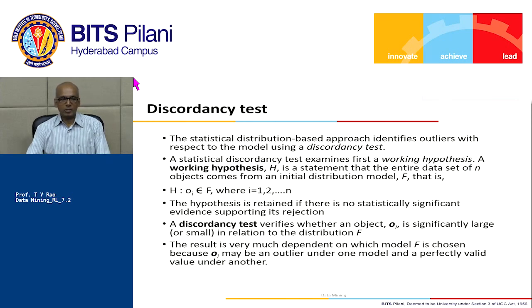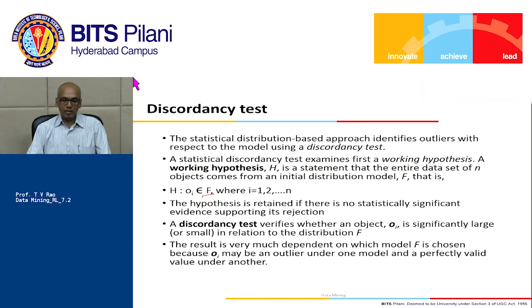What the discordancy test first requires is a working hypothesis, such that object Oi belongs to the distribution F for all the points. The hypothesis can be retained if there is no statistically significant evidence for rejection.